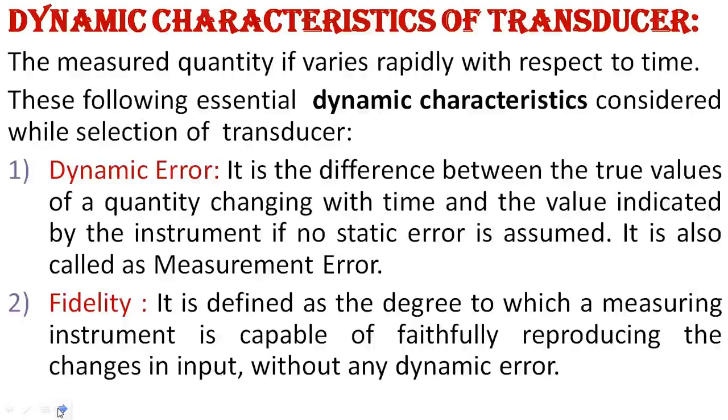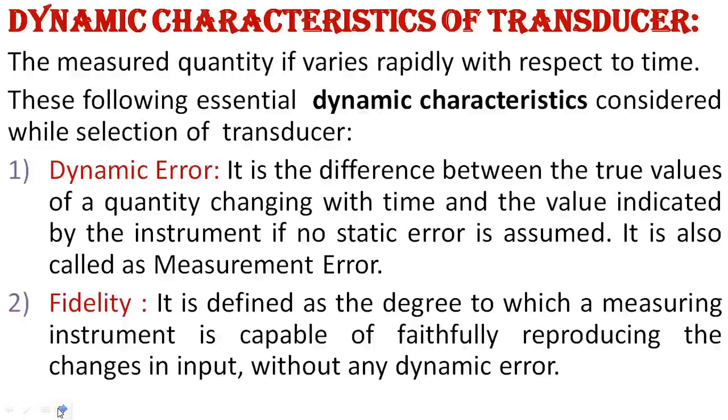It is also called measurement error. Here the true value of the quantity is changing with time, as well as the measured value. The difference between the true value and the measured value is the generated error. That is known as the dynamic error, or measurement error.